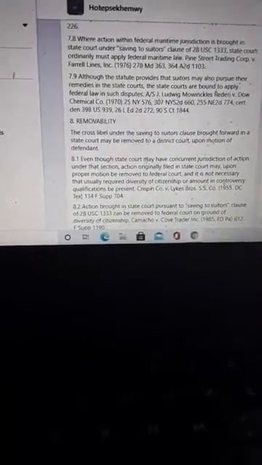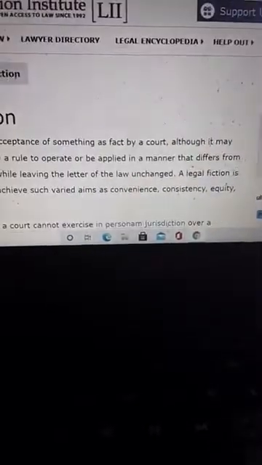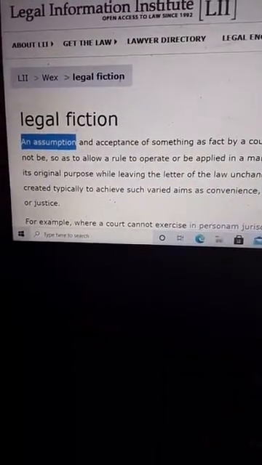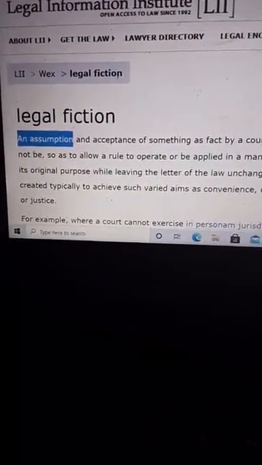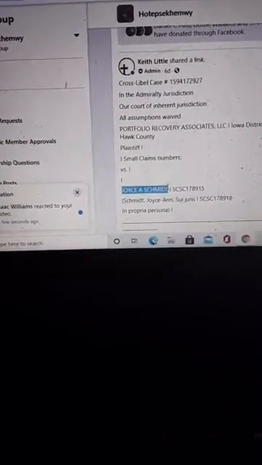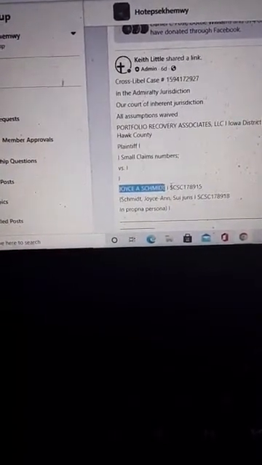You want to keep talking about your legal process. We don't care about your legal process because, as we can show, the legal process is in regards to a legal fiction. The legal fiction is an assumption. So the legal fiction that we're talking about here is this Joyce Schmidt, who happens to be the citizen of the United States, which is a vessel of the United States.